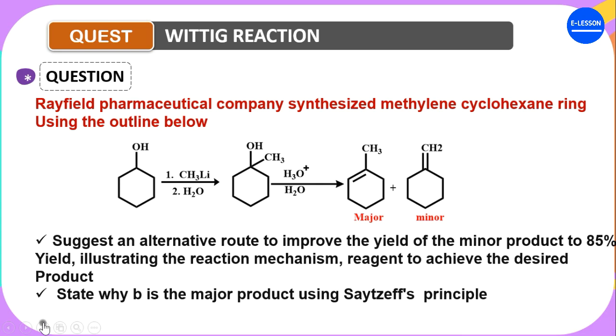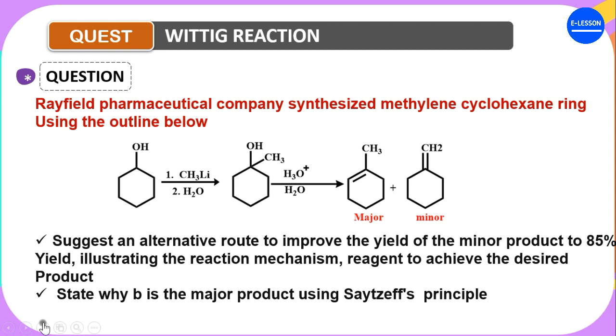Now, when I started explaining the Wittig reaction, I stated that it is a reaction that is used most times for synthesizing alkenes that may come out as minor products in other reactions like the Zaitsev reaction. There are different reactions for synthesizing alkenes, and the Wittig reaction is just one of them.